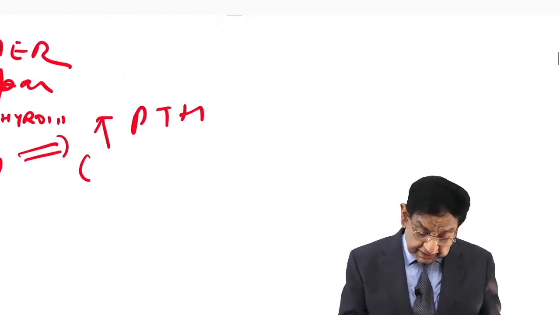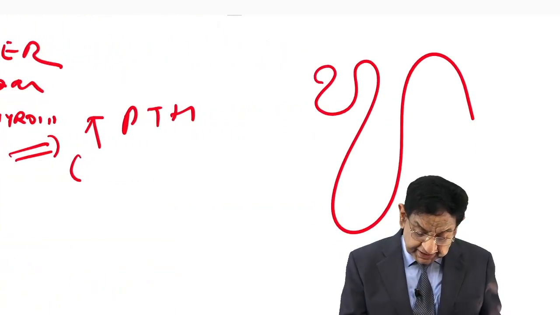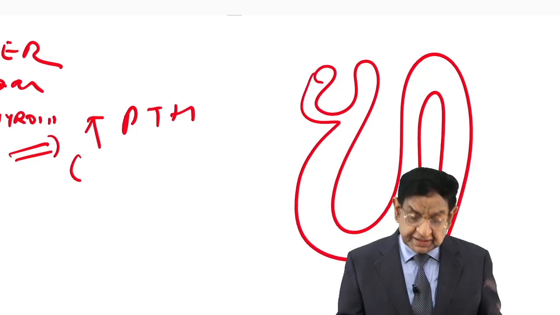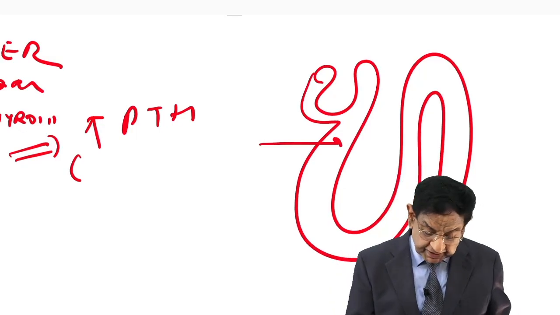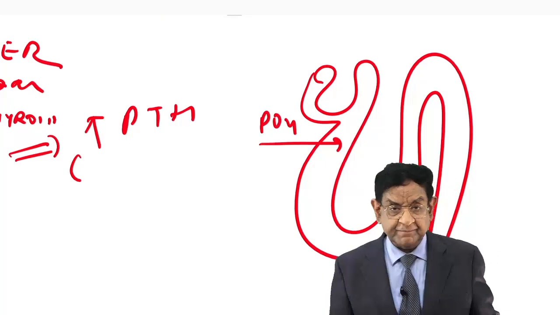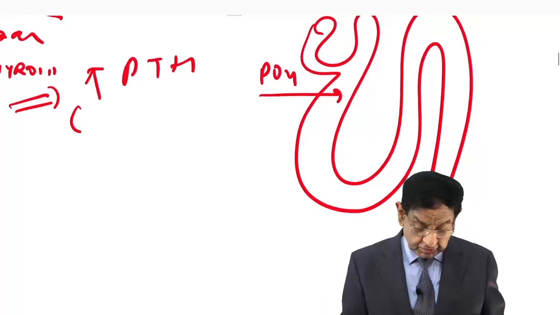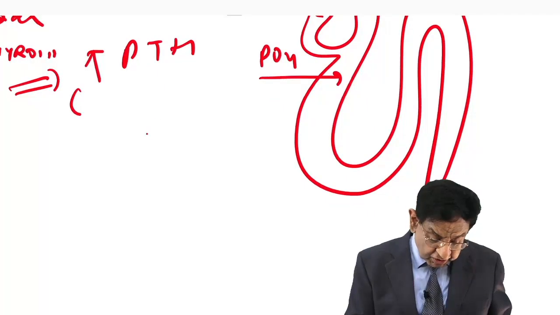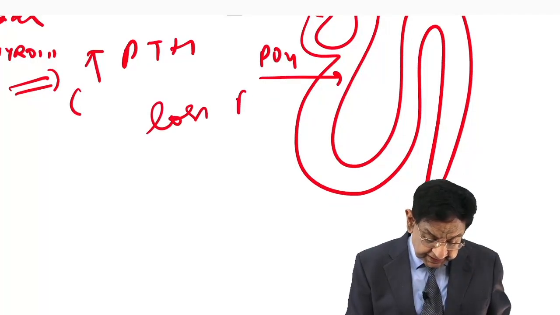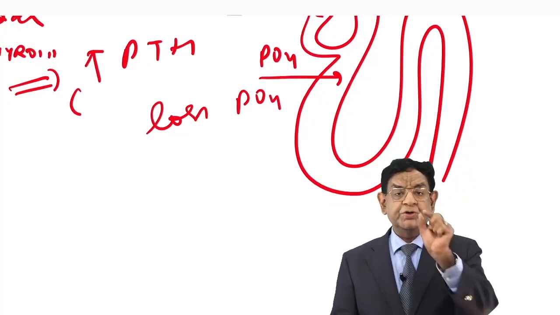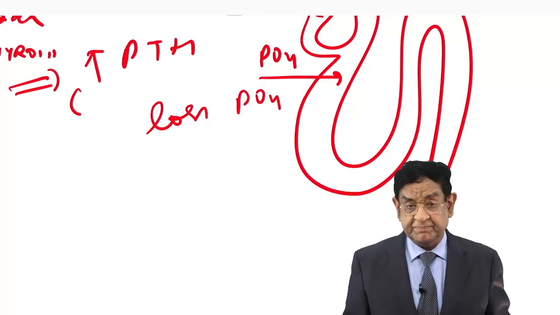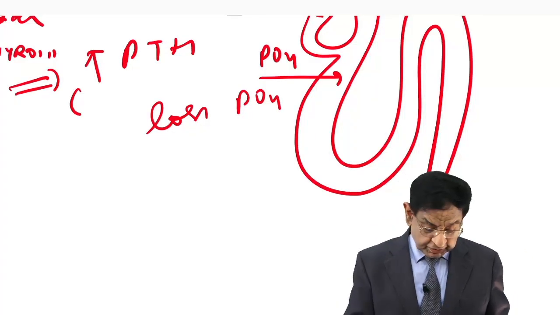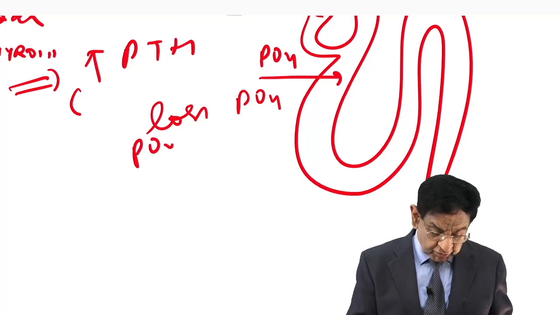Now, in this nutritional variety, the kidneys are working normally. So increased PTH will try to excrete phosphate into the urine. So there will be further loss of phosphate in the urine in the nutritional variety of secondary hyperparathyroidism. So phosphate level goes down further.